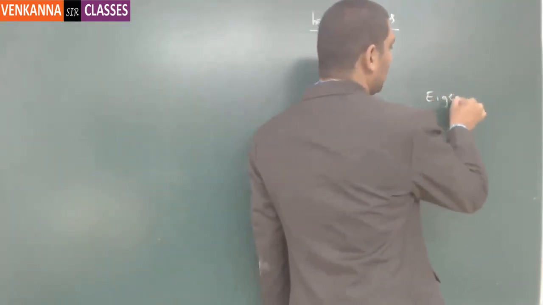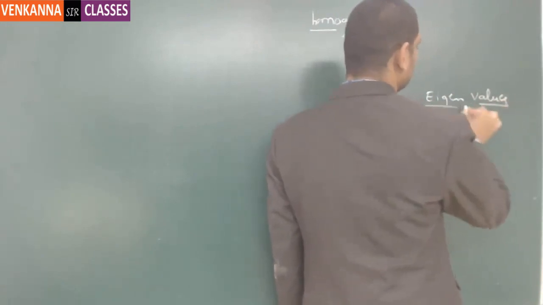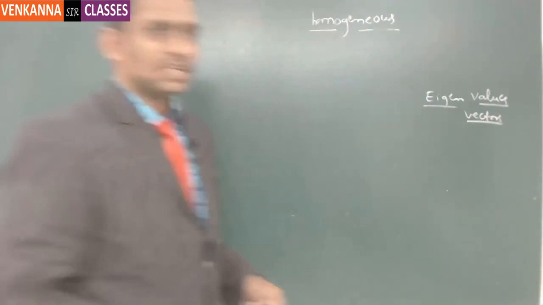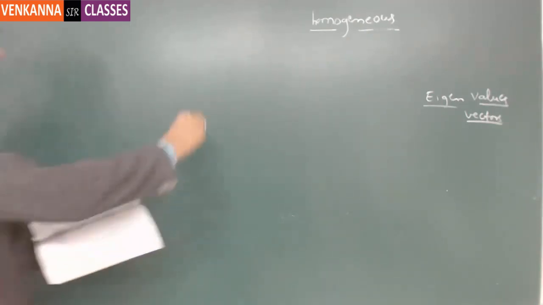That could be our next topic, because in finding eigenvectors, we will consider a homogeneous system and solve it. So let us take one problem on the homogeneous system now, and we will deal with the different issues on it.